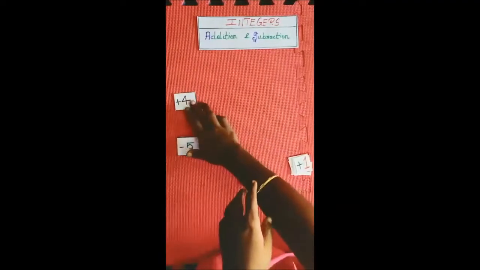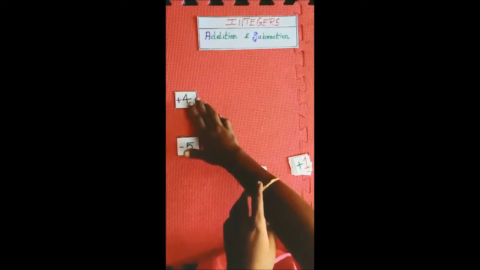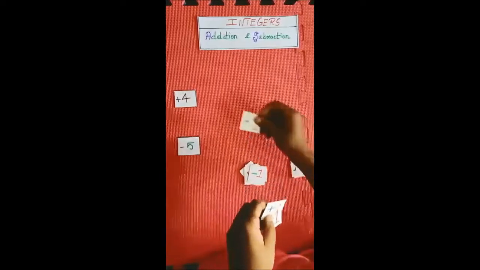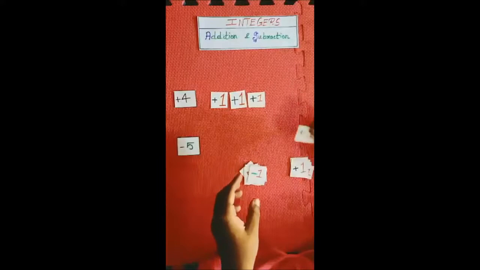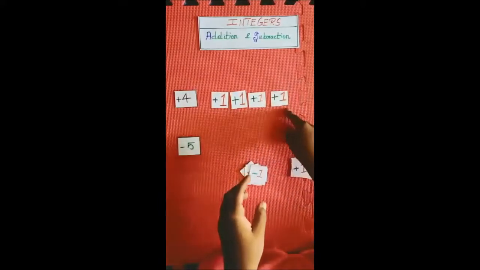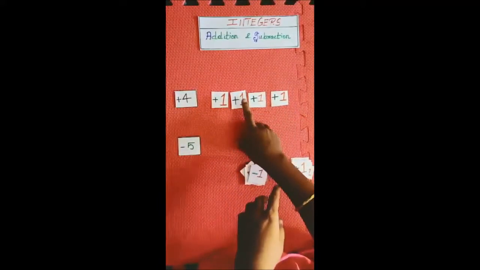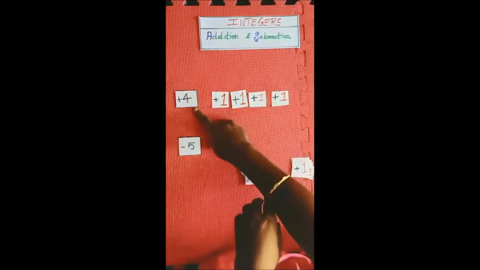See here. For example, take the positive integer plus 4. For that you have to use plus 1 four times. See here, 1, 2, 3, 4. If you add these four ones, you get plus 4. So 1 plus 1 plus 1 plus 1 gives plus 4.